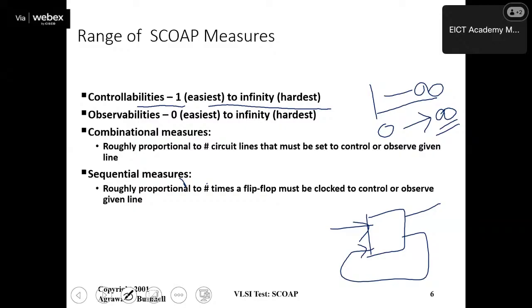If in the first go we are not able to replace this infinity with a particular number, it means we have to repeat the process again and again. So it will be decided roughly by the number of times flip-flops must be clocked to control or observe the given line. That is going to decide the sequential measures.